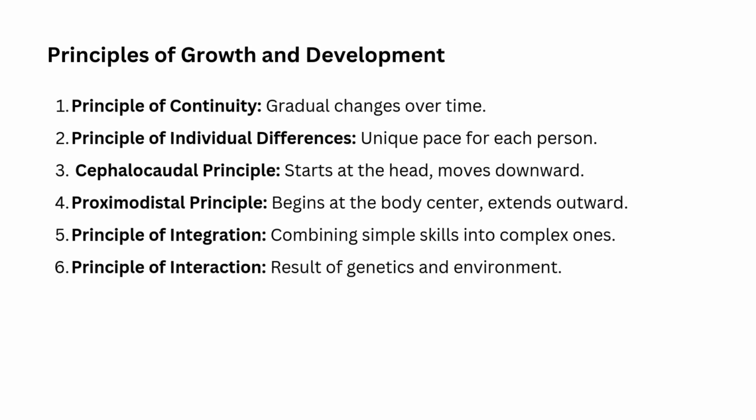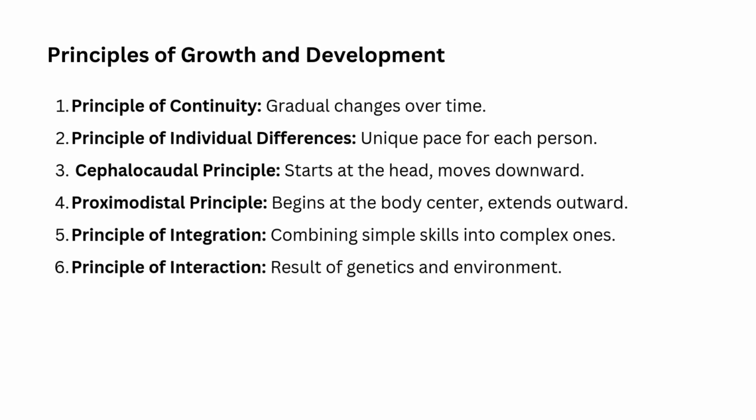The sixth principle is the principle of interaction. Growth and development are the results of both genetic and environmental influences. For example, a child's height may be genetically determined, but factors like nutrition and exercise also play a role in achieving their potential.